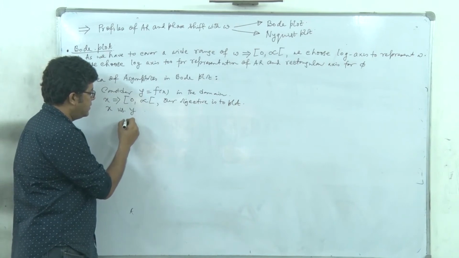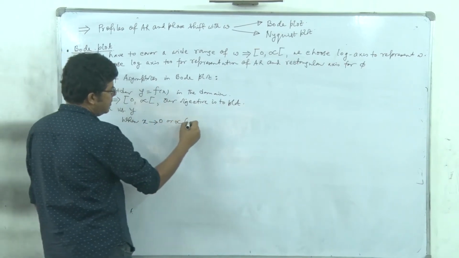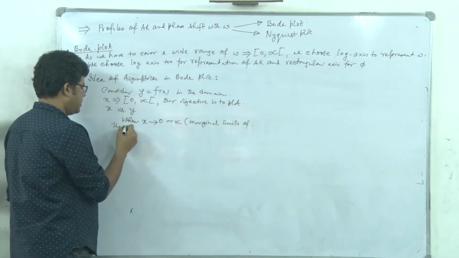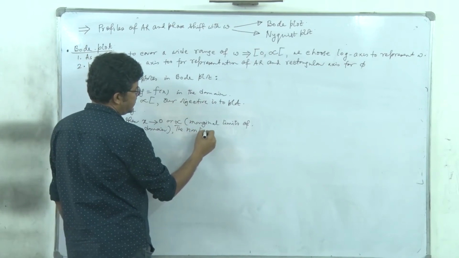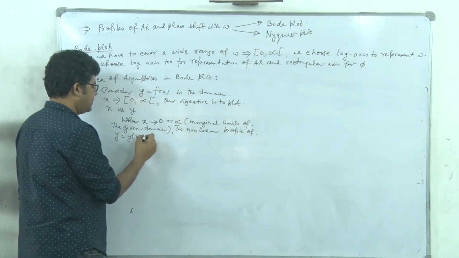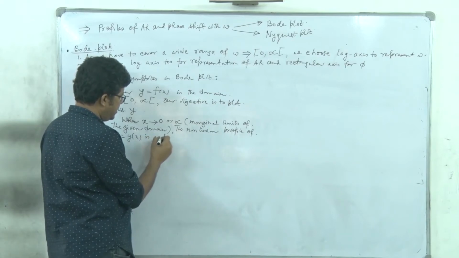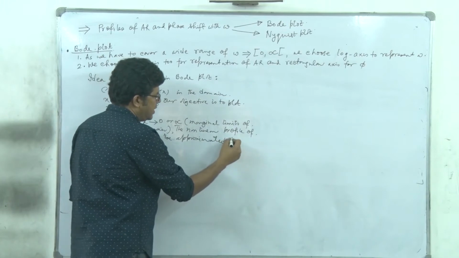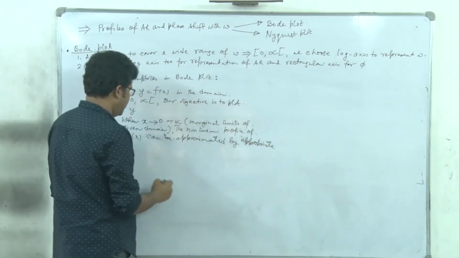So we see that when x tends to 0 or infinity, that is the marginal limits of the given domain, the nonlinear profile of y as a function of x is actually, or can be, approximated by appropriate linear functions.